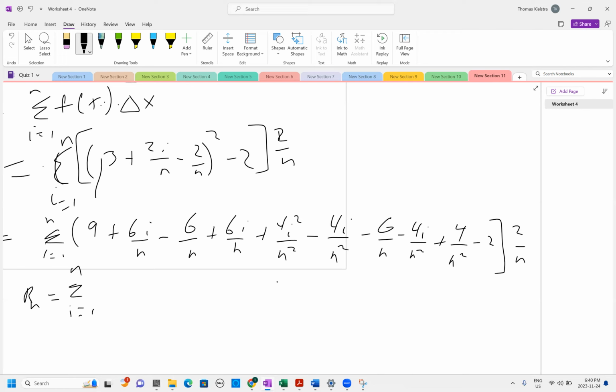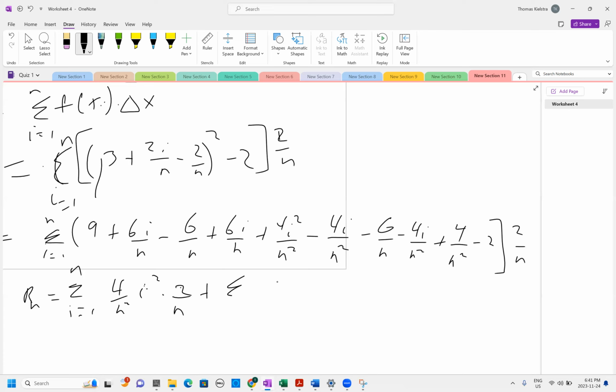So that's just 4 over n, i squared, and 4 over n squared, i squared. All these terms are multiplied by n over 2, so we're also going to multiply this by 2 over n.